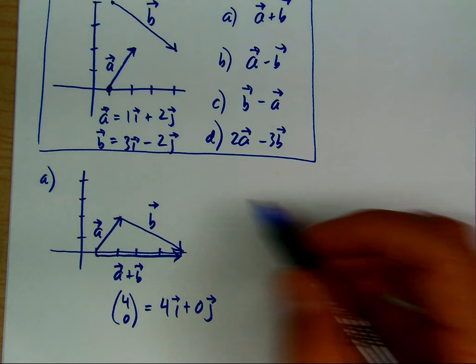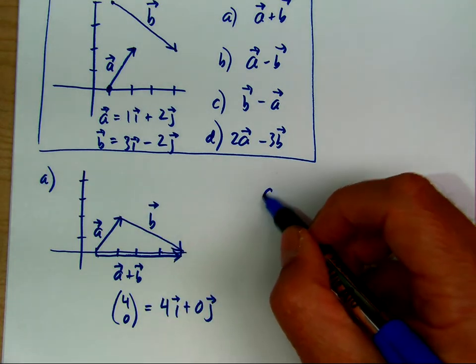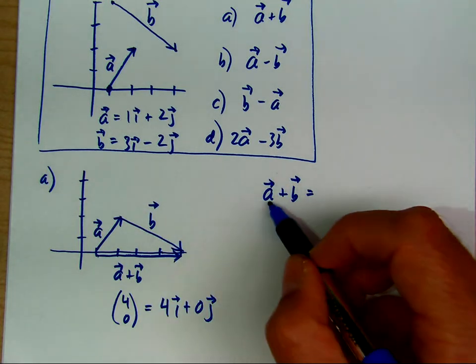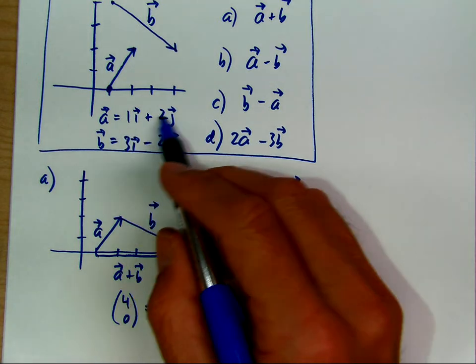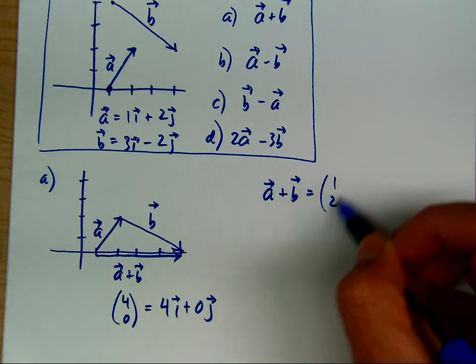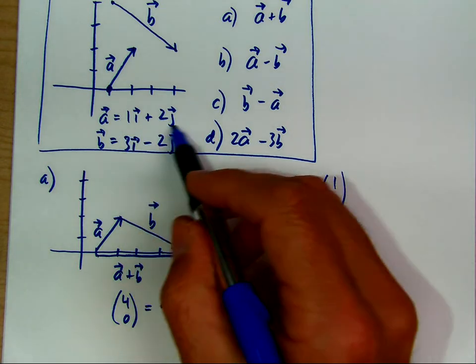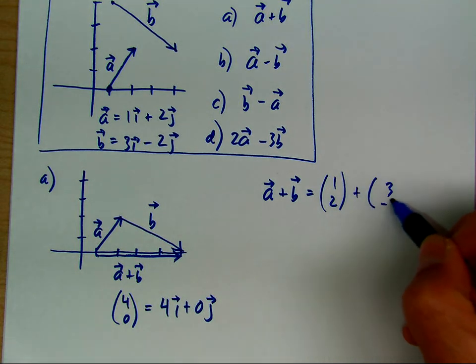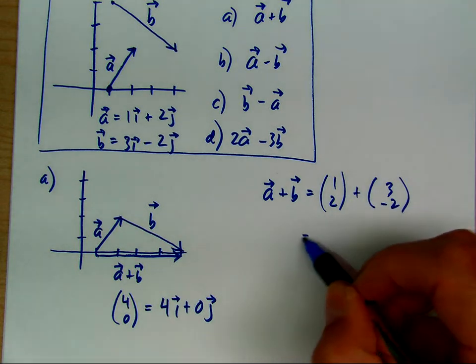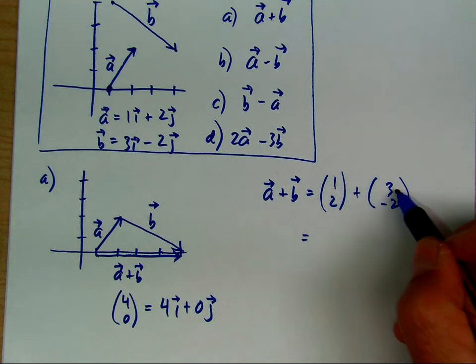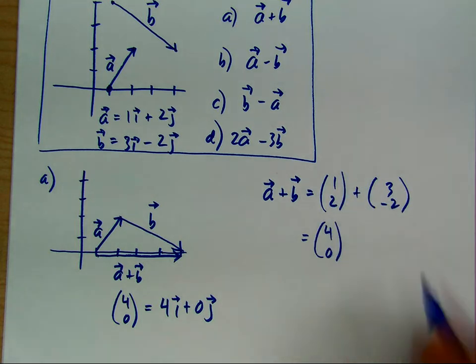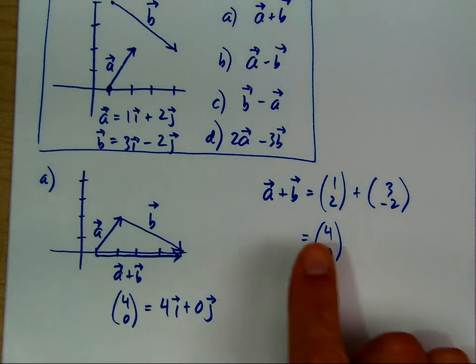Alright, we can do it graphically, or we can just do A plus B. Vector A is 1, 2. We can write vectors as a column or in terms of i and j. Vector B is 3 and negative 2, and we just add the horizontal components and add the vertical components. We can do it without a graph or with a graph.